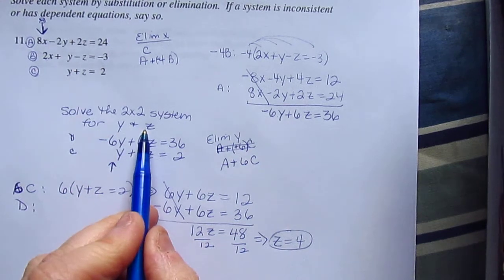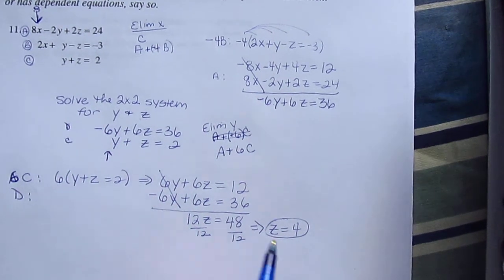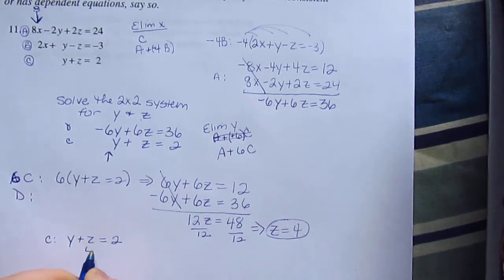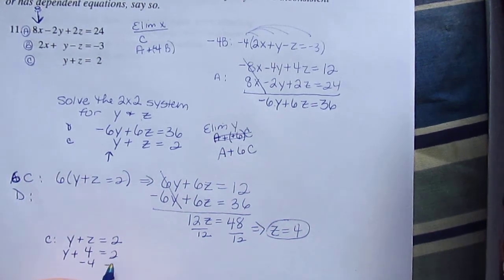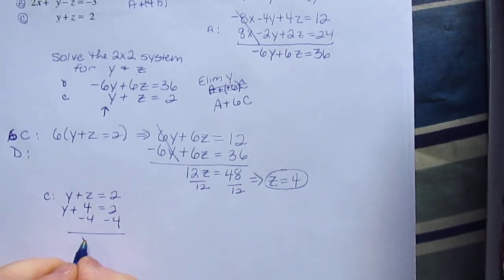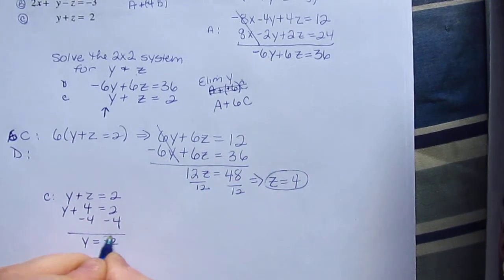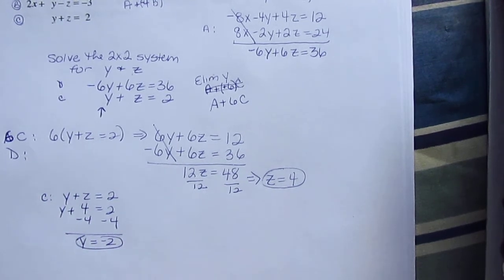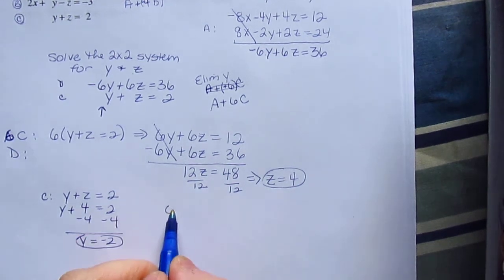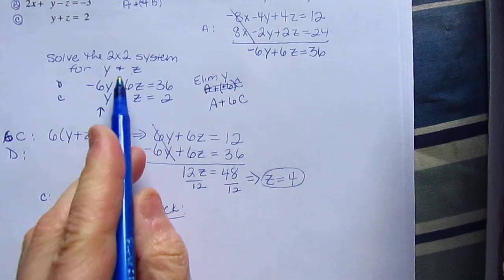Let me finish this system up. If z equals 4 in equation C, I want to solve for y when z equals 4. And you can see we get y equals -2. 2 down, 1 to go. Y equals -2, z equals 4. Let me just check that in this 2 by 2 system.